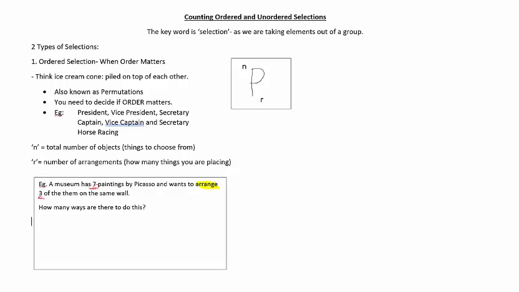So this tells me that I have 7 elements, so 7 things that I can choose from, and my r is I have to arrange 3 of them. So this looks like this, if I'm to think about how I'm going to put it in my calculator.